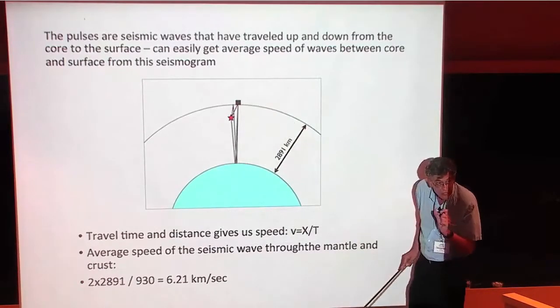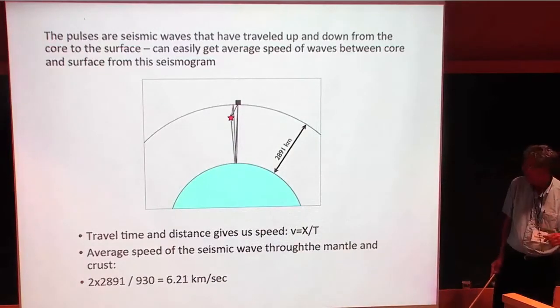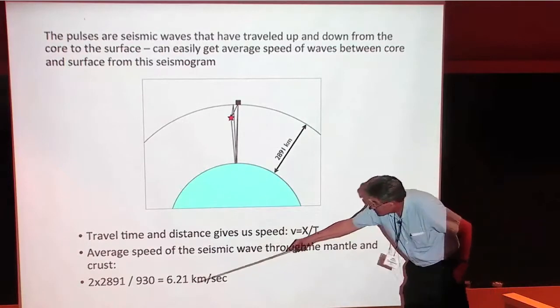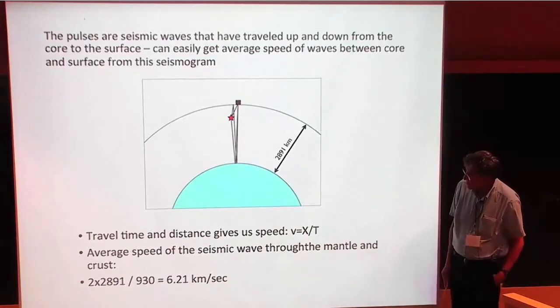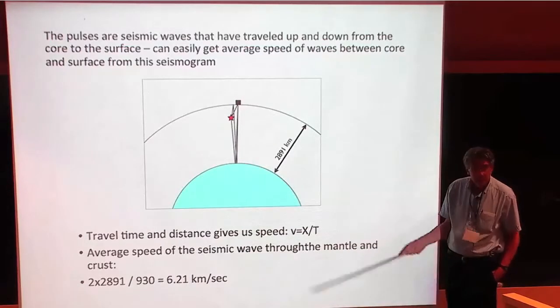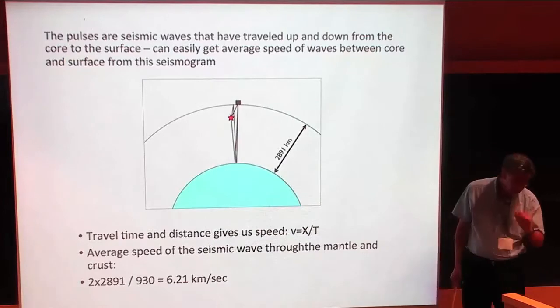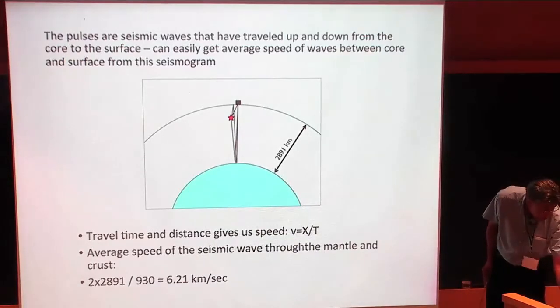Measure the time difference between the two of them, and you can get the average speed of the wave going through the mantle. So it turns out to be about 6.2 kilometers per second. Very simple calculation. But really, a lot of seismology is basically in that way, getting the speed of these waves. This is wave speed, not particle speed.